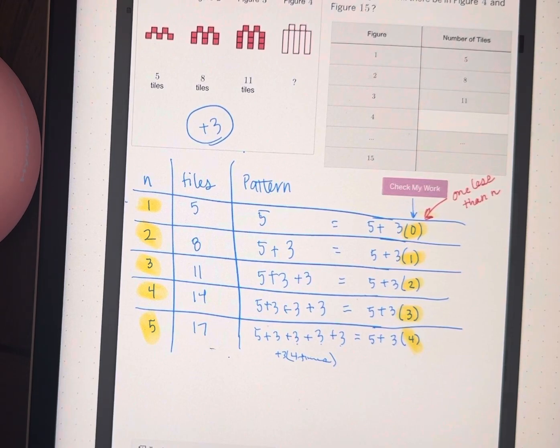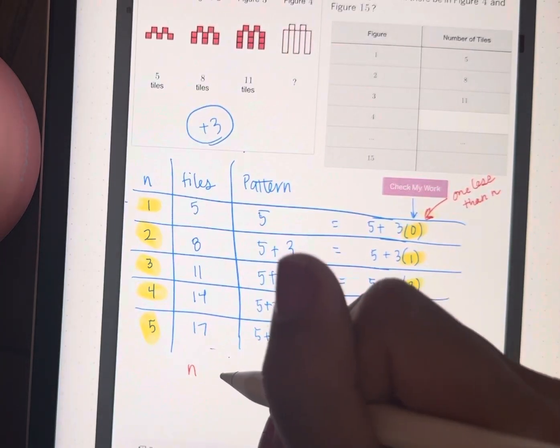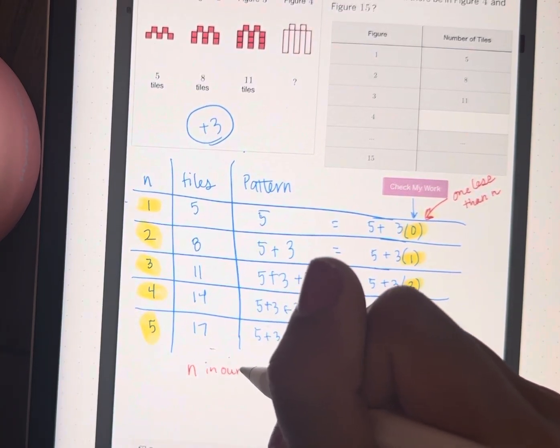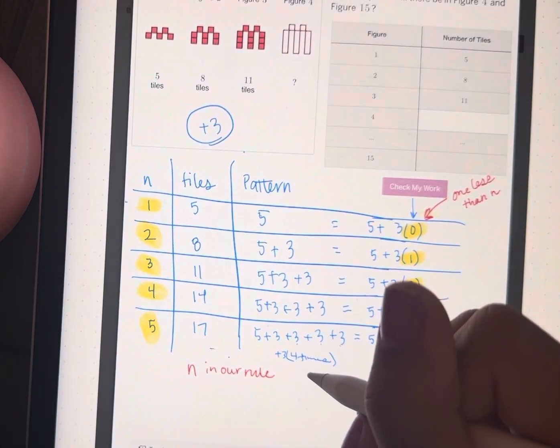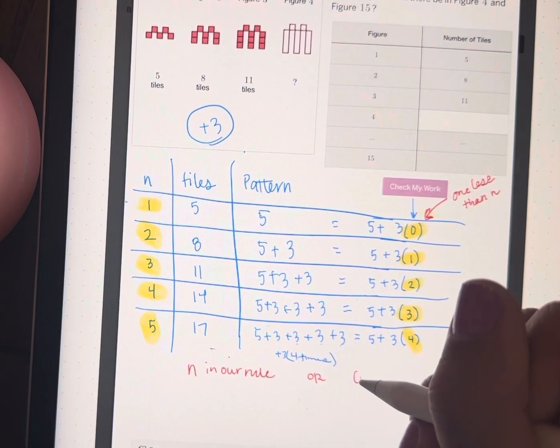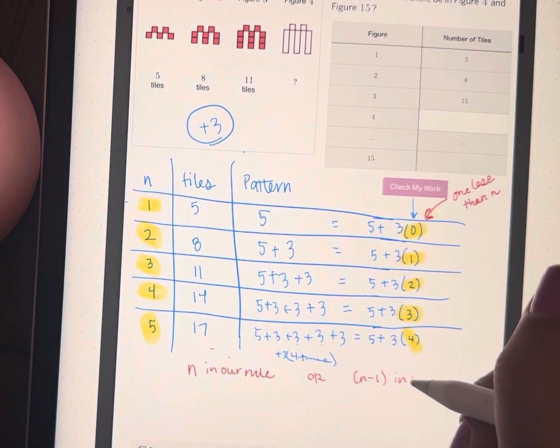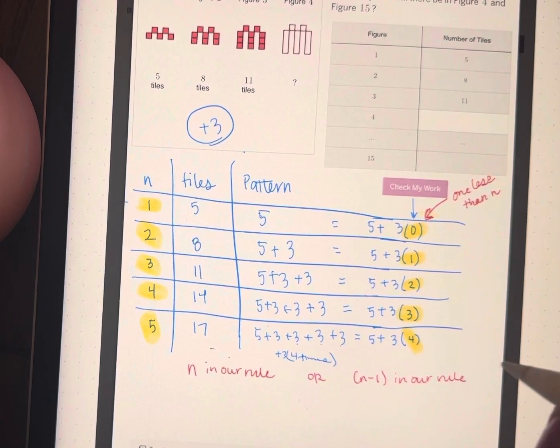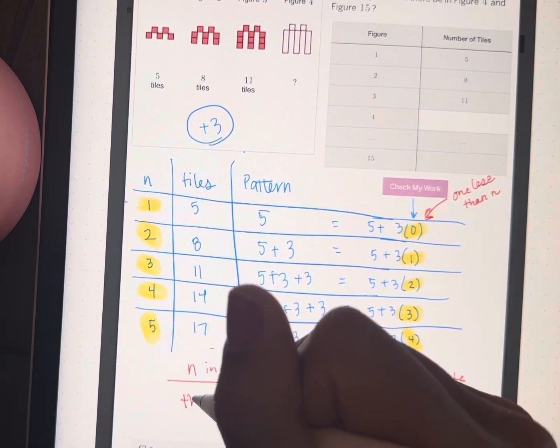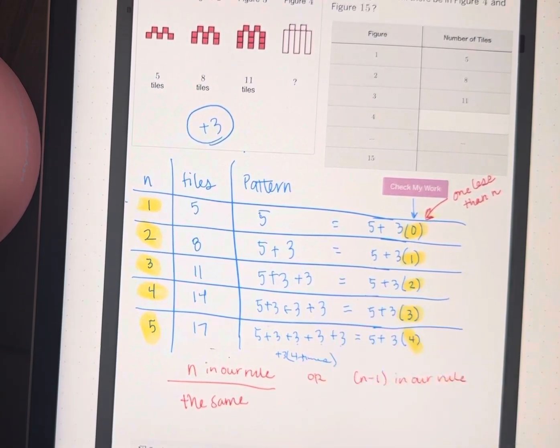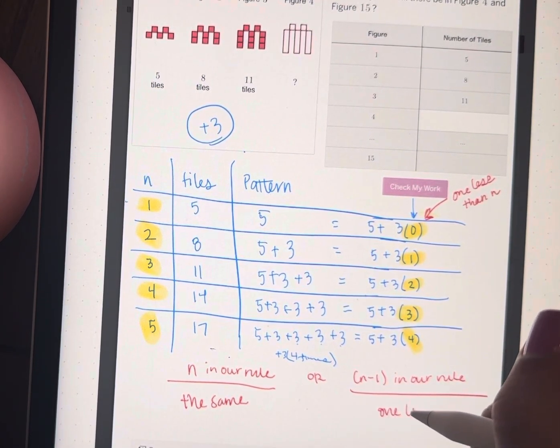So remember, the two scenarios are, we're either going to put n in our rule, or we're going to put n minus 1 in our rule. We choose n for our rule when they are the same. And we choose n minus 1 in our rule when it's 1 less.